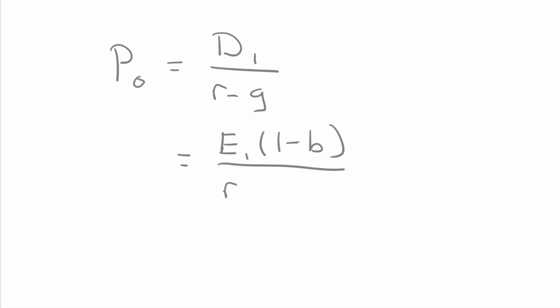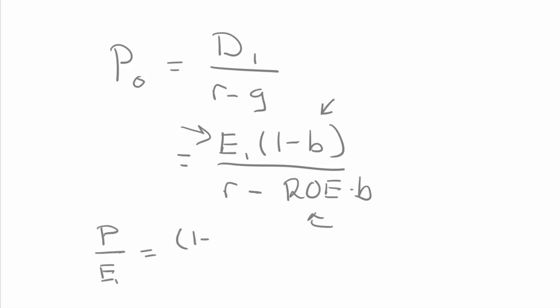And what's G? G is ROE times B. So now I have a new formula for the price that's in terms of things that are somewhat more primitive: the earnings, the plowback, and the profitability. We also have an equation for the price-earnings ratio, which is often used as a valuation metric.